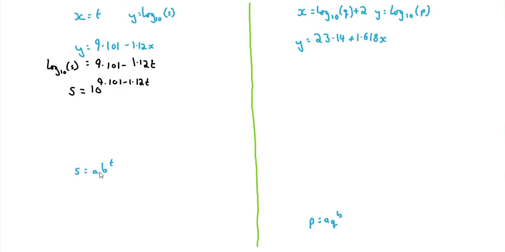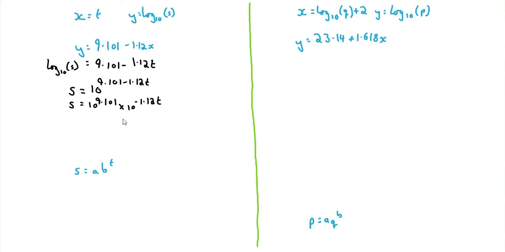However, because this is multiplied in the answer we're trying to get to, I'll make it a multiplication instead. We'll say that this is the same as 10 to the power of 9.101 times by 10 to the power of minus 1.12t. Because remember, when we times the same base number together, that just adds the two powers together in what would have been a single power. So we can now just do the reverse and split it up into this multiplication.